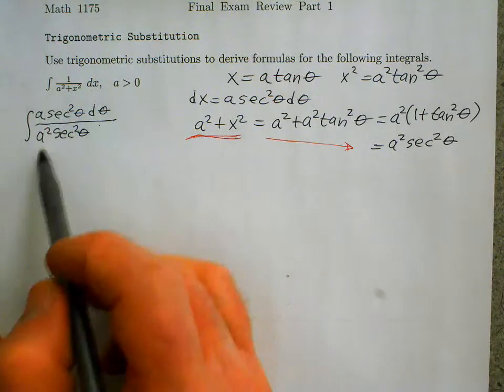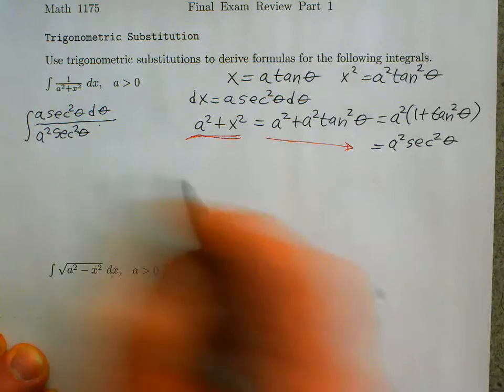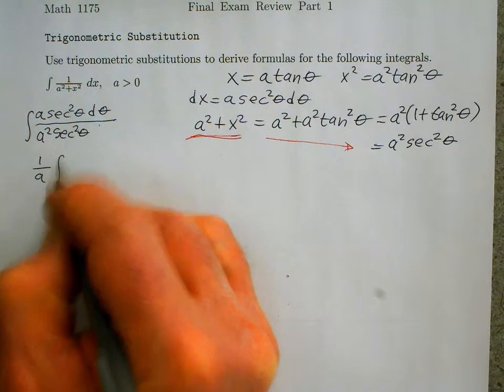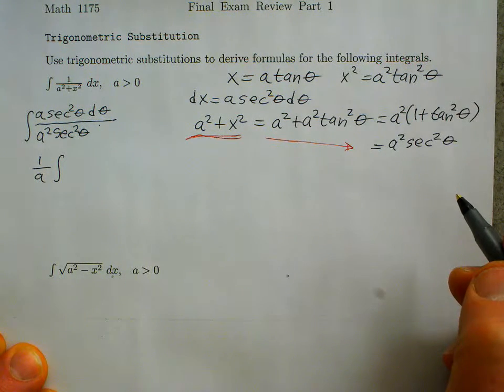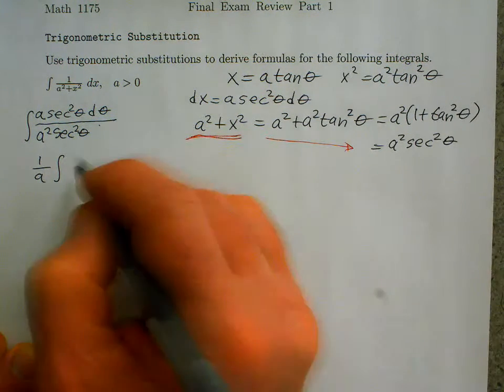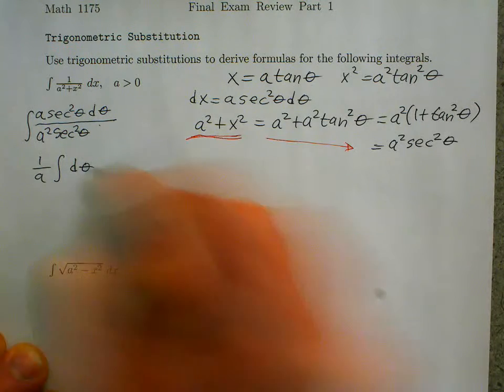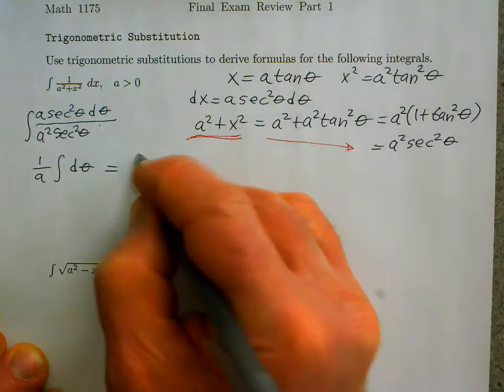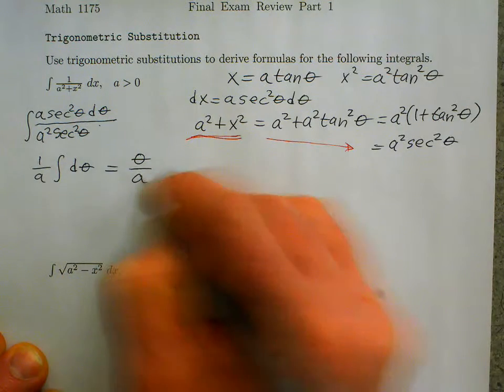A over a to the second is 1 over a. It's just a constant. Secant of theta squared divided by secant of theta squared is 1, so we get 1 d theta. And then we evaluate this, we get theta divided by a plus a constant.